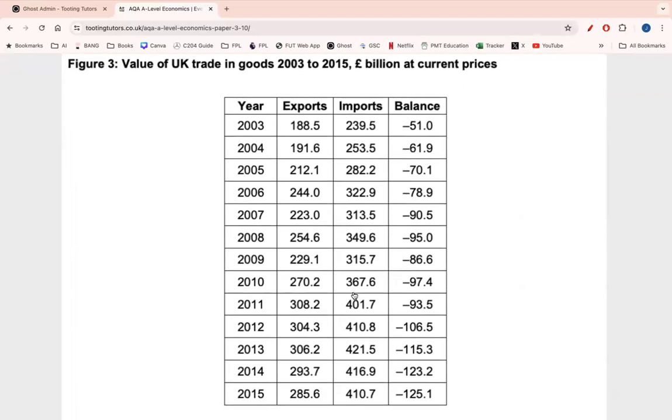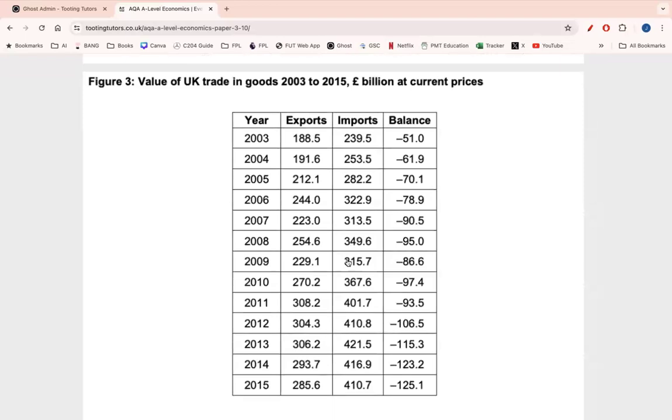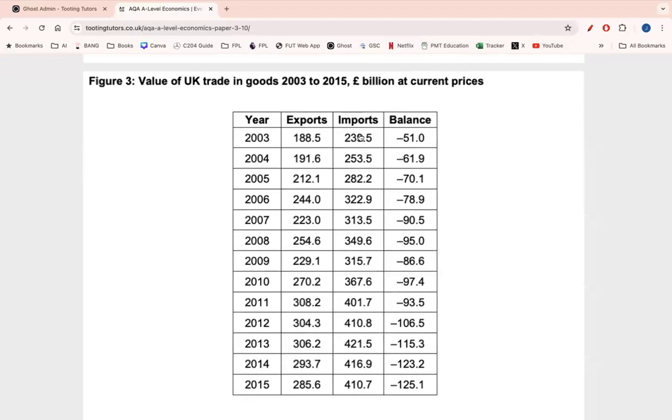Figure 4 shows UK exports has gone up from that number to that number in billion, whereas imports have also gone up from that number to that number in billions. If we purely look at exports, we have been exporting more. So UK manufacturing might well have gone up since our value of exports has gone up.